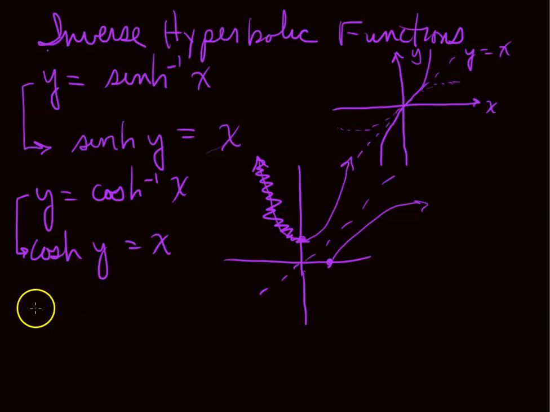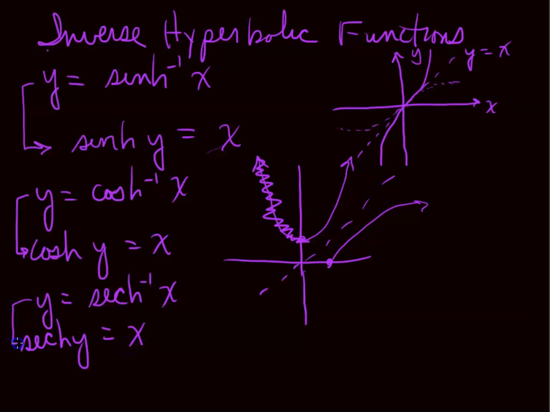But let's look at our sech. The inverse sech of x means the sech of y is equal to x. If you remember, the sech of y goes through 1 here and does something like this. It is also not one-to-one, so they're going to chop off this part and then use this.